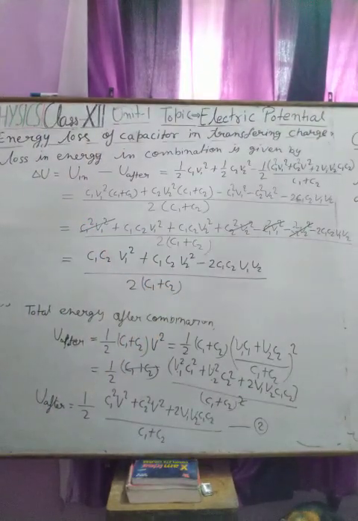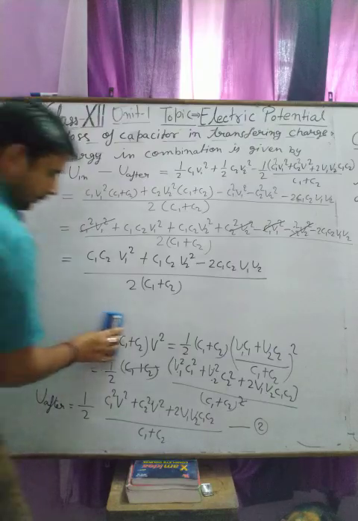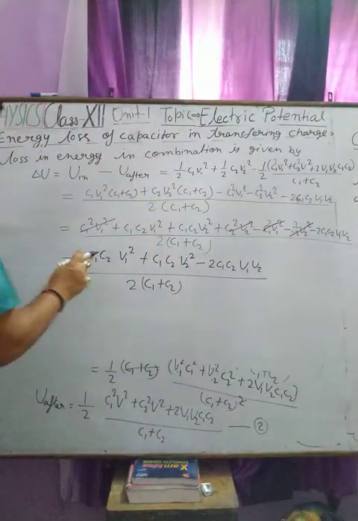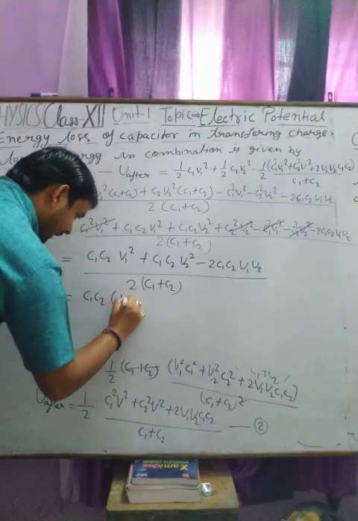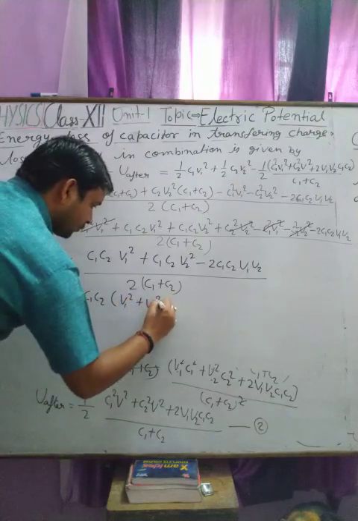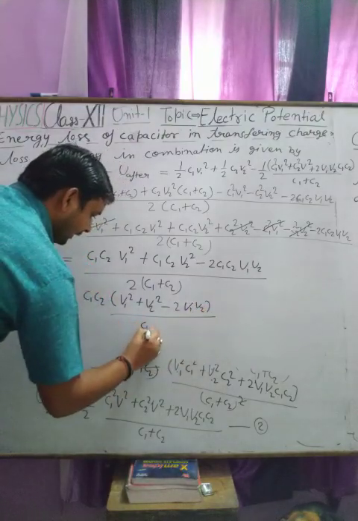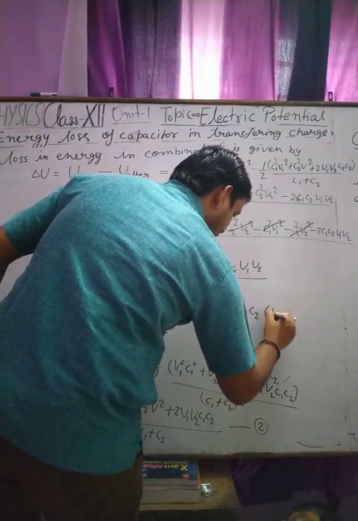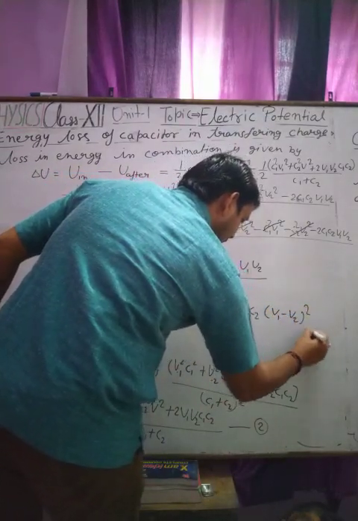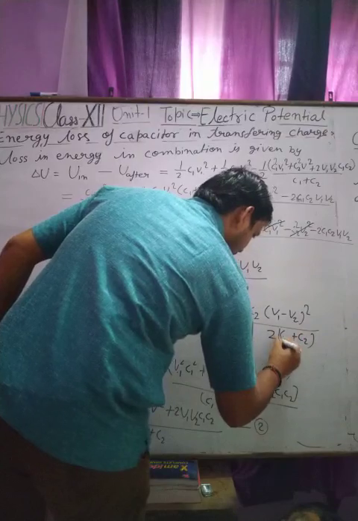Okay, now student, we have C1 C2 common, therefore C1 C2 and inside we get V1 square plus V2 square minus 2 V1 V2 upon C1 plus C2, that is C1 C2 times V1 minus V2 whole square upon 2 C1 plus C2.